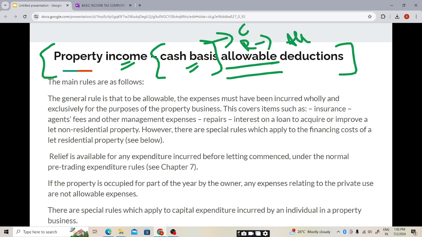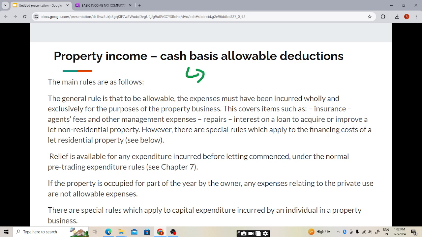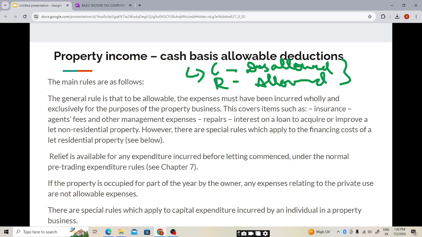Revenue expenditure will be an allowed expense; capital expenditure will be disallowed, meaning it will not be reduced from your income. So what are all the expenses which can be allowed? Revenue expenditure is allowed, capital expenditure is not allowed.